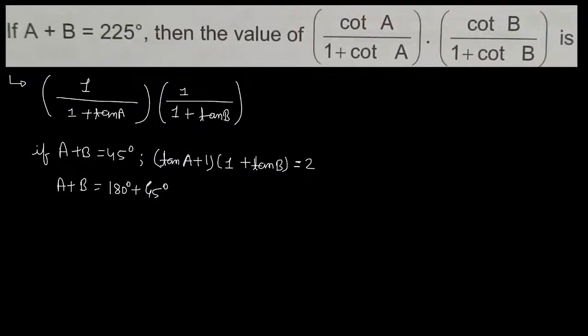So if we put A equal to 180 plus theta and B equal to 45 minus theta, we are still going to get the same. I think we are going to get this value as 1 by 2. This is what I am trying to say.